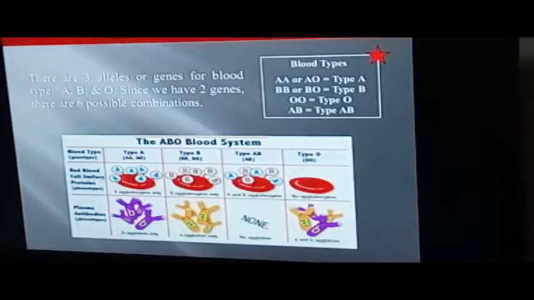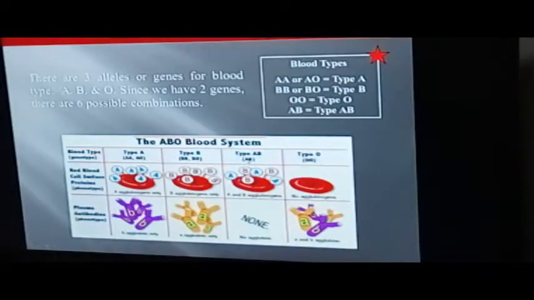And what does this mean? Well, here are the proteins, like the sprinkles on a donut. If you're an A, in other words, both parents are an A or an AO, you're going to have A sprinkles. If both parents are B's, or one's a B and one's an O, you're going to have B sprinkles.